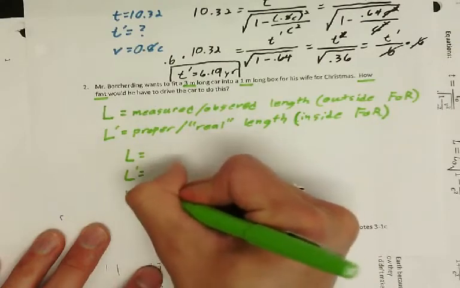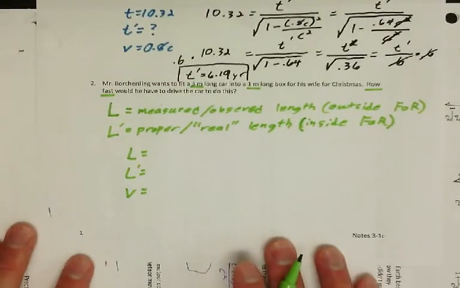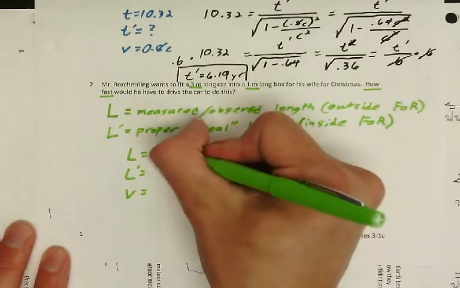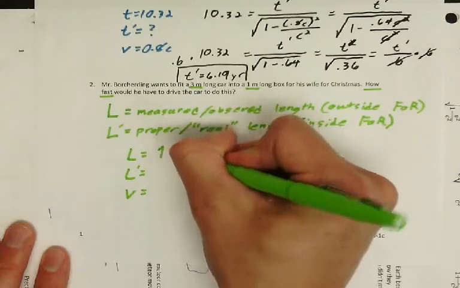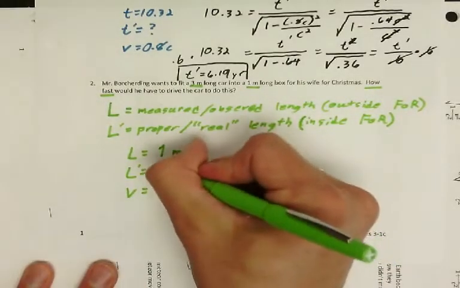and v. So L is the measured or observed length. How long do I want to measure the car to be? 1 meter. I want the car to measure to be 1 meter long. How long is the car actually? If you got in the car and you measured it, you would measure it to be 3 meters long.